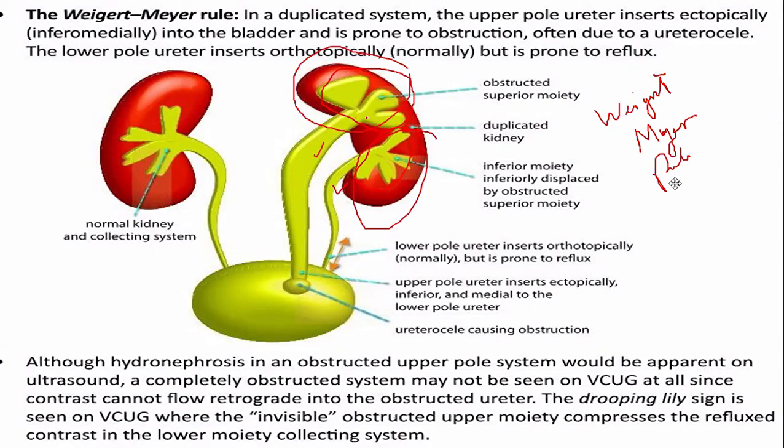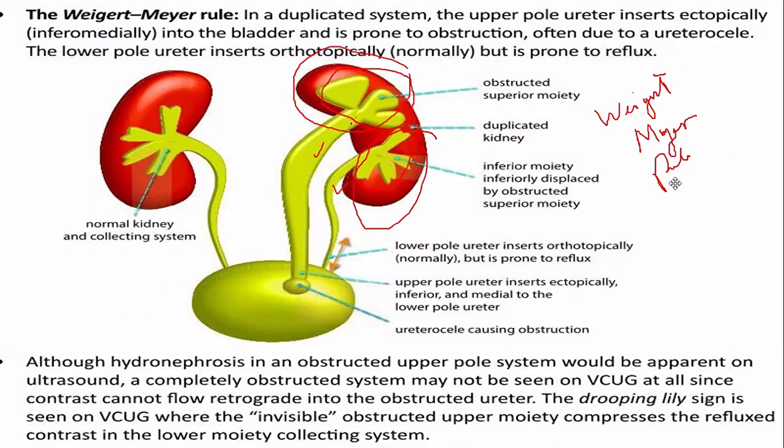Again, the upper pole moiety ureter descends medially and inserts into the bladder inferiorly in reference to the lower pole moiety. The lower pole moiety ureter descends laterally and inserts superiorly, with reference to the upper pole moiety.